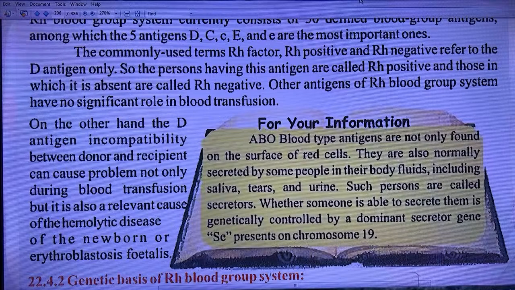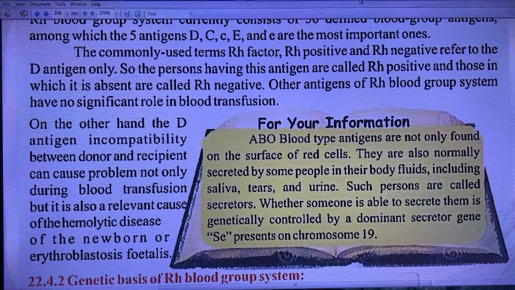Other antigens of the Rh blood group system have no significant role in blood transfusion. On the other hand, D antigen incompatibility between donor and recipient can cause problems not only during blood transfusion, but it is also a relevant cause of the hemolytic disease of the newborn or erythroblastosis fetalis.